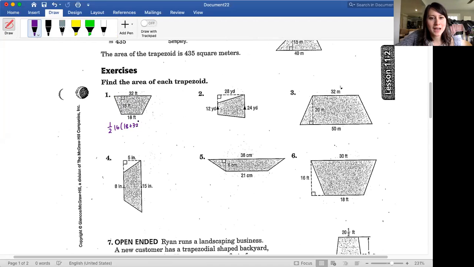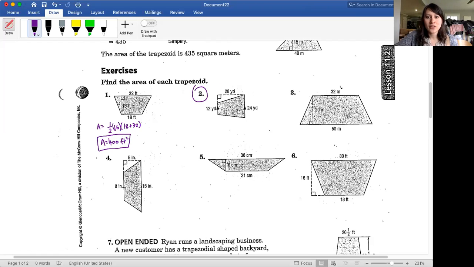And we've got to add the bases together first and then multiply everything else out. So I'm going to put this in parentheses as well so I can group that. And so when I multiply that out and plug that in, area equals 400 square feet. There we go.